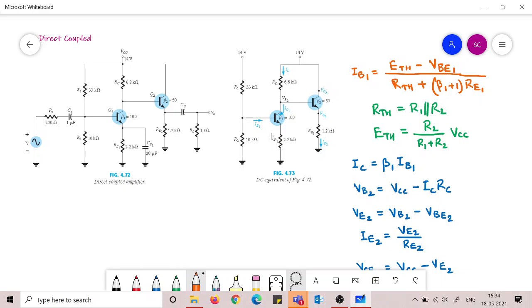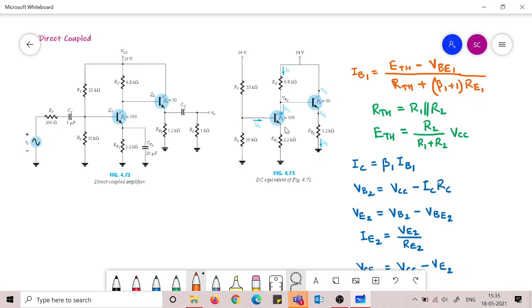This RE1 is reflected to the input side; if you remember, it gets multiplied by beta plus 1 and reflected to the input side. So you can employ these equations straight away if you remember.